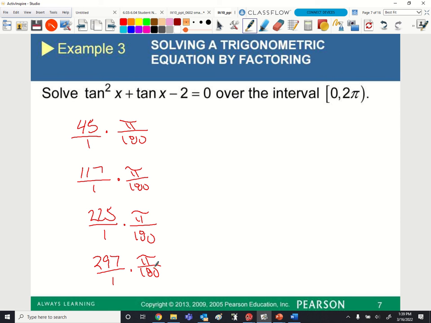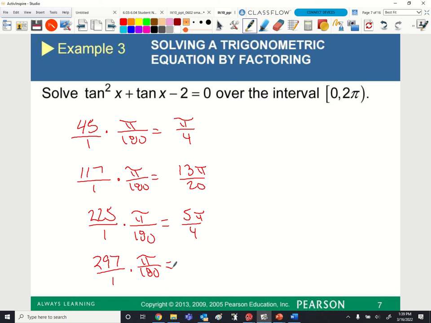All right, this first one should be pretty easy. Pi over 4. The second one, 13 pi over 20. The third one, 5 pi over 4.